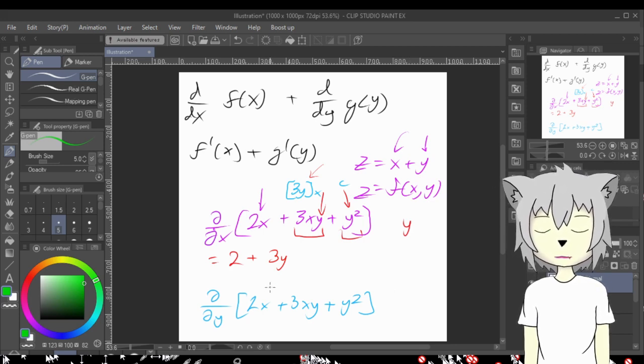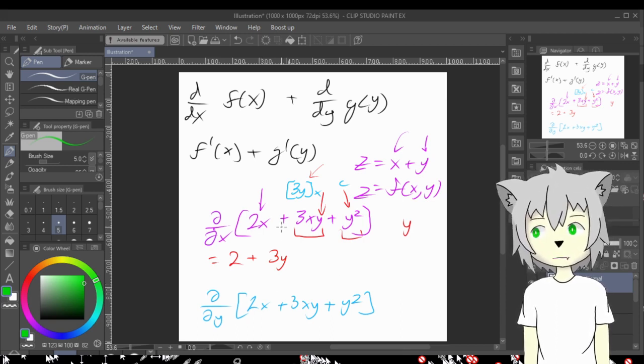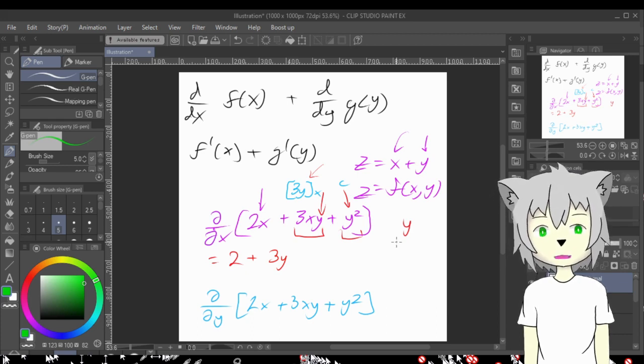But let me explain it, just to give you a little introduction to how derivatives work in multivariable functions, which we will eventually get to. I plan for everyone to learn how to do that. But remember, we're trying to find the change with respect to y, the slope as y changes.